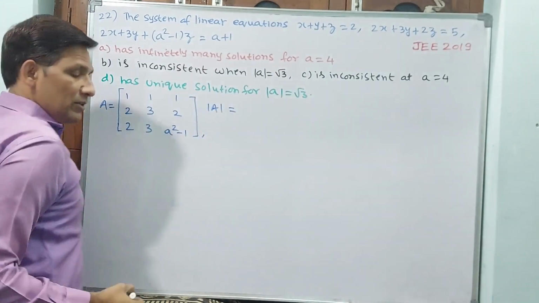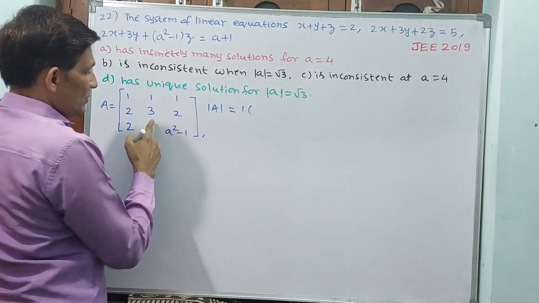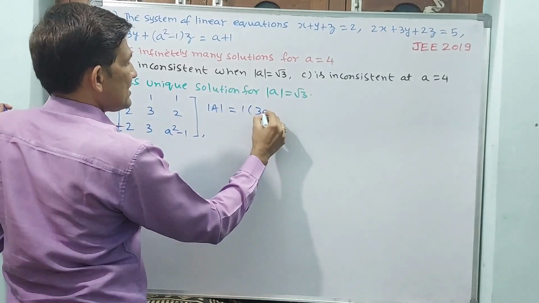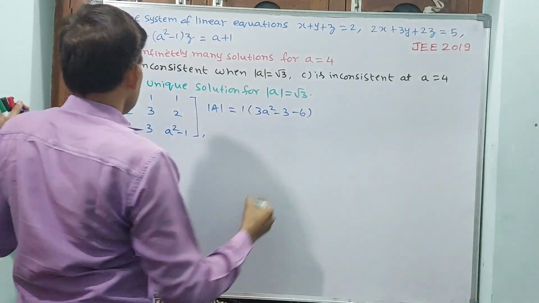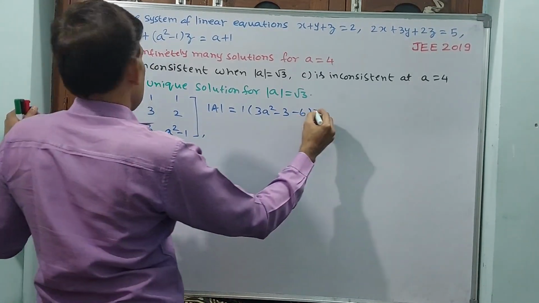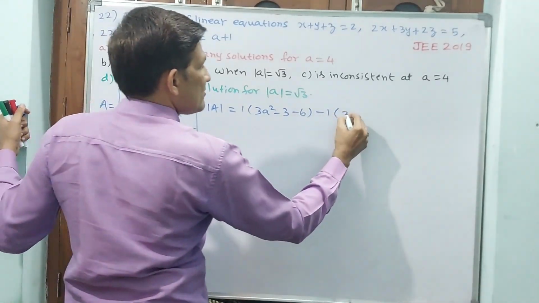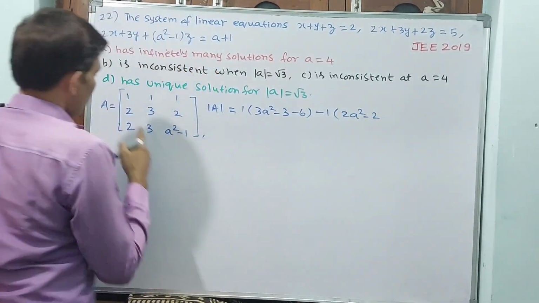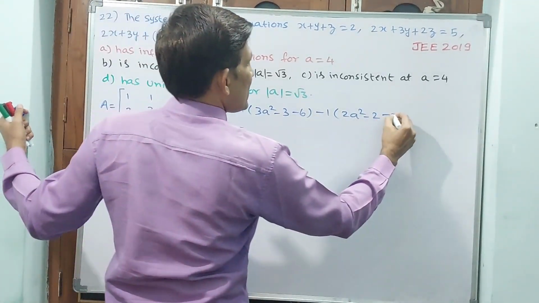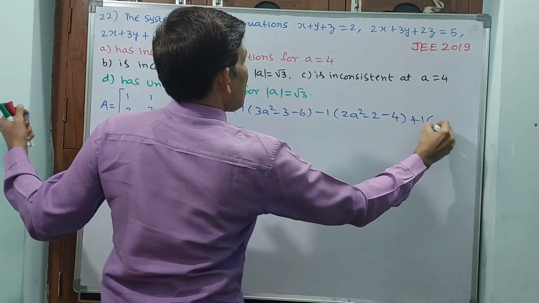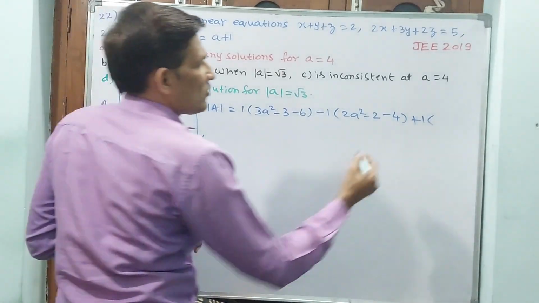Determinant A is equal to, see, 1 into 3a square minus 3, minus 6, minus 1 into 2a square minus 2, minus 4, plus 1 into 6 minus 6. 6 minus 6 is 0. I need not write here.